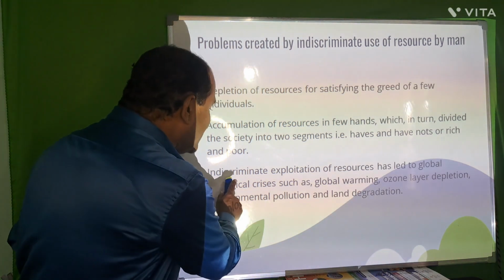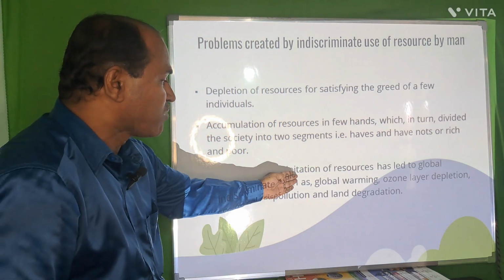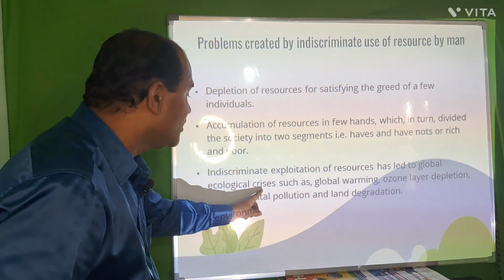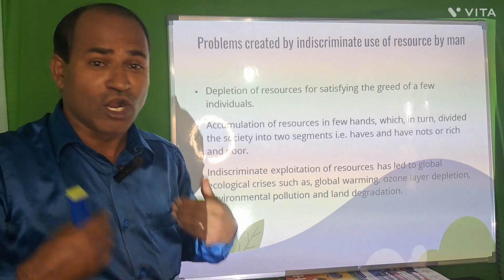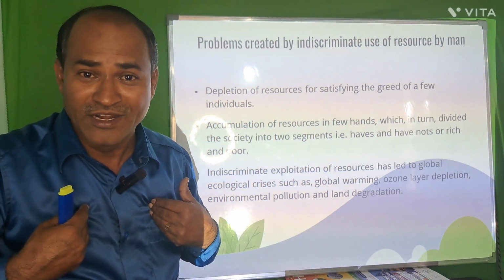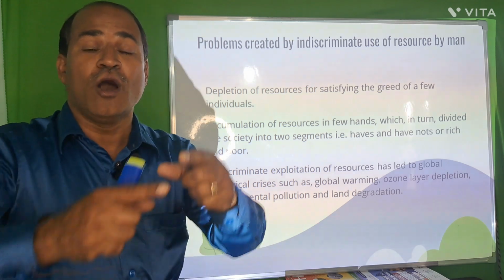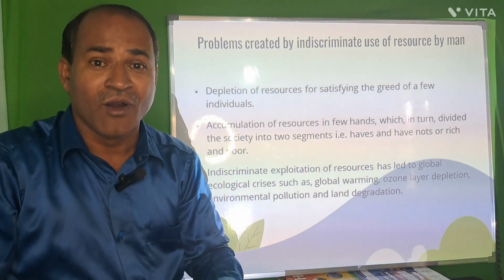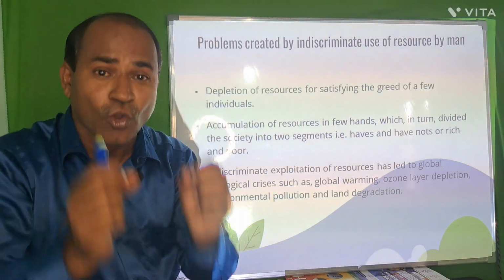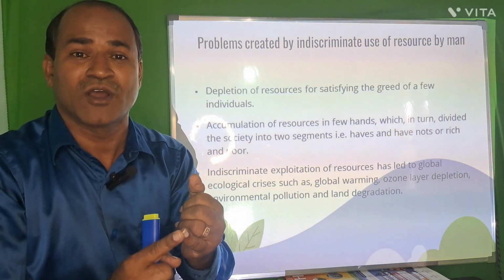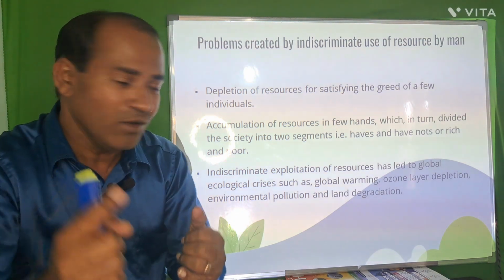And one more, indiscriminate exploitation of the resources has led to the global ecological crisis. Not only for me, or for an individual or community or nation, but for the entire world, all the countries at the global level, we will face the challenges, difficulties and problems. Do you know how?